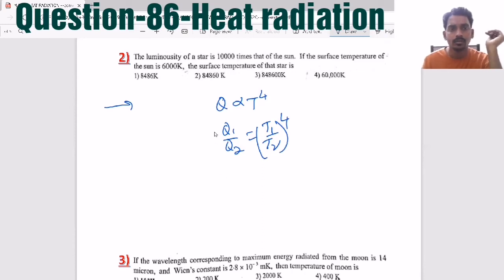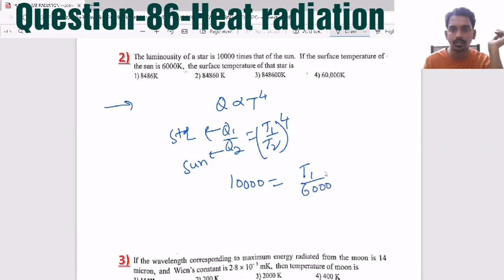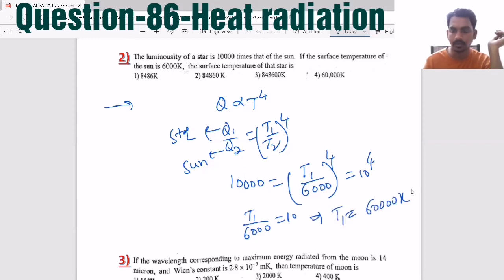Now this is for star, this is for sun. Now this is 10,000 times equal to, the surface temperature of the sun they have given, so T2 they have given 6000, whole power 4. Now this I can write as 10 power 4. So power same means base also should be same. T1 by 6000 equal to 10. Then T1 will become 60,000 Kelvin.